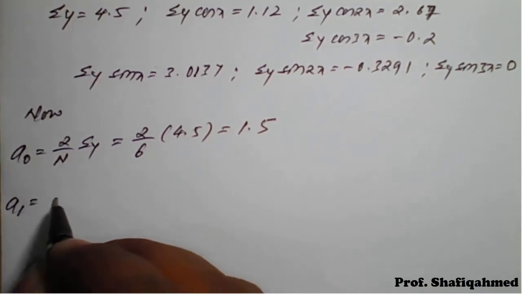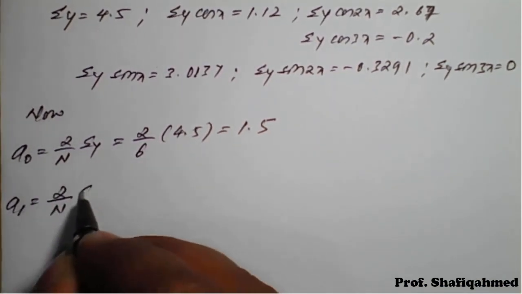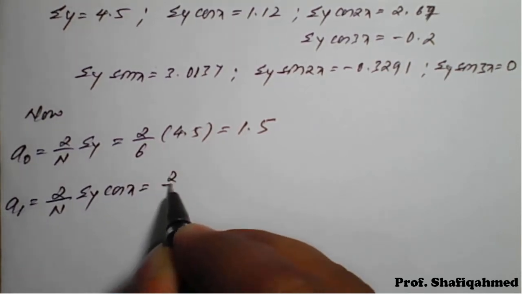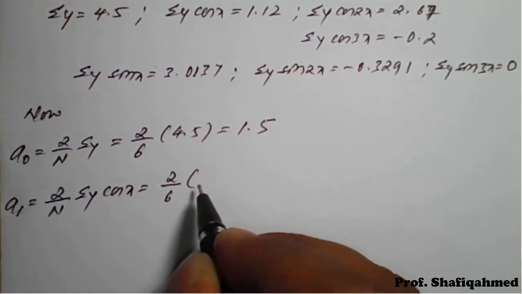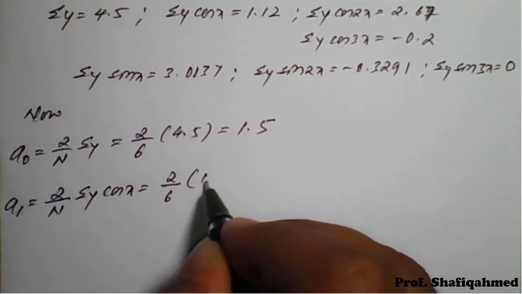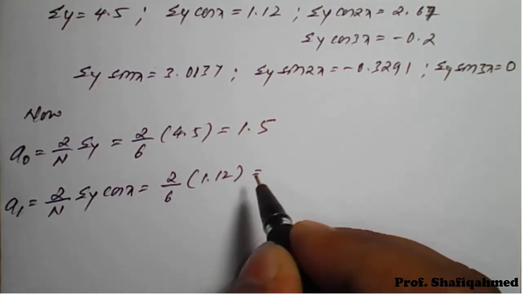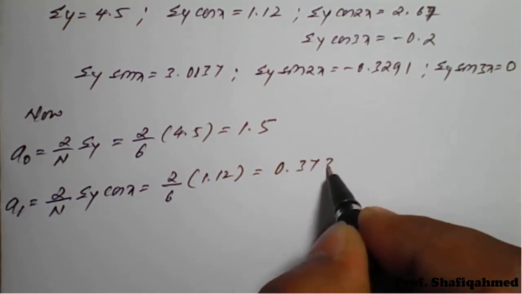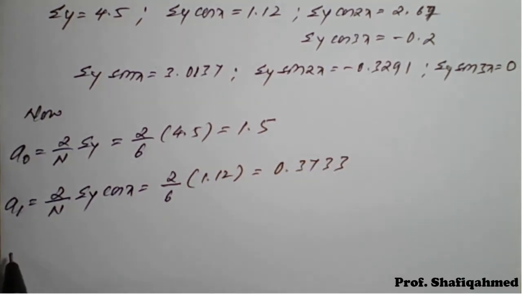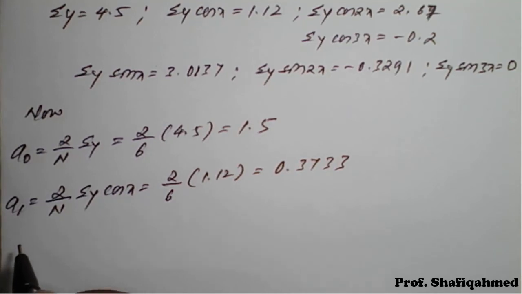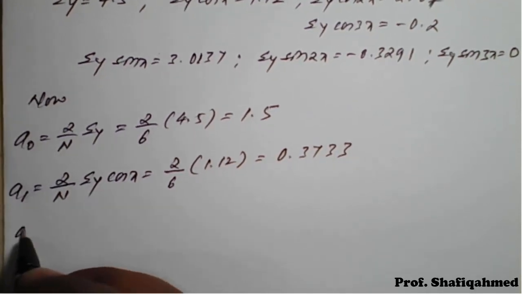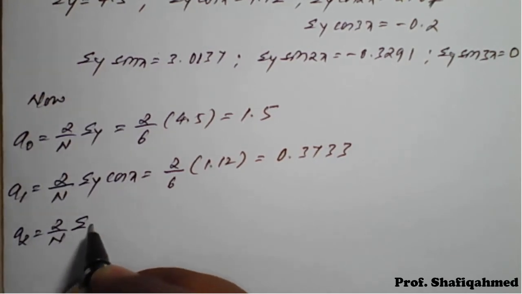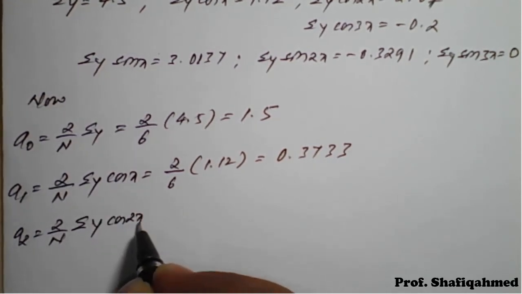So a1 is 2 upon n summation y cos x, which is 2 upon 6 times 1.12. On calculation we'll get 0.3733.